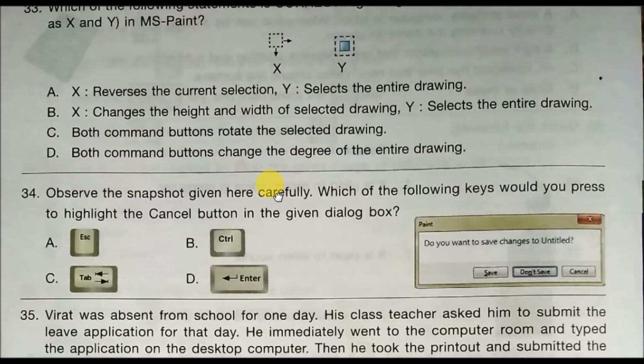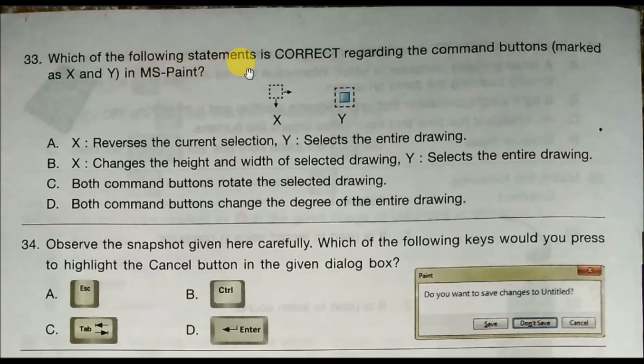Next question. Which of the following statement is correct regarding the command buttons marked as X and Y in MS Paint? This is X. It is called rectangular selection in MS Paint, and this is Y. This is for select all. Okay. Option A, X reverses the current selection and Y selects entire drawing.